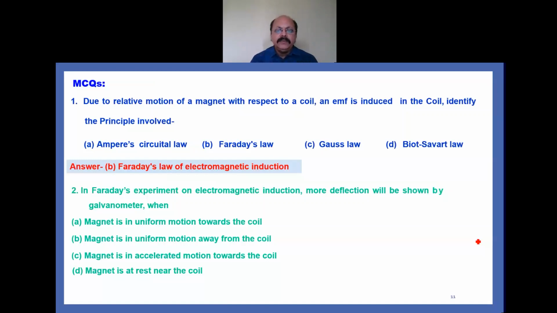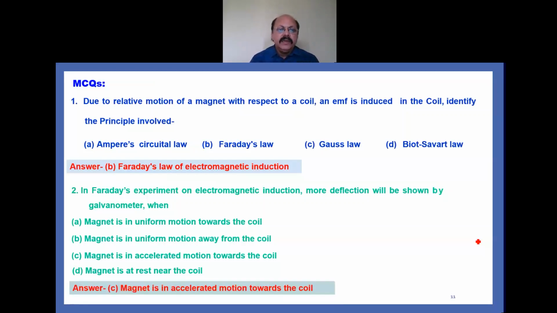Apply the concept, then check your answer. Answer should be C, magnet is in accelerated motion towards the coil. As explained during Faraday's experiment, when the magnet with its north pole moves faster towards the coil, large deflection takes place.